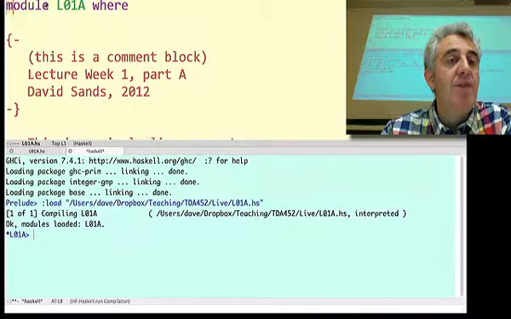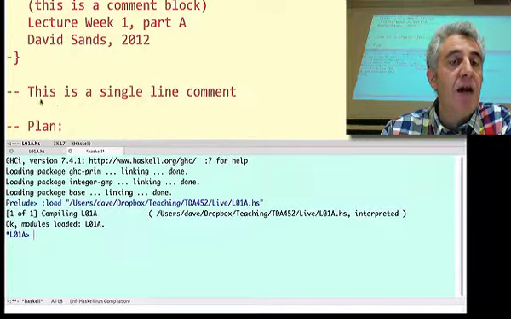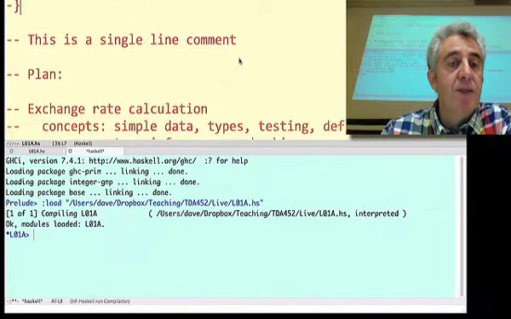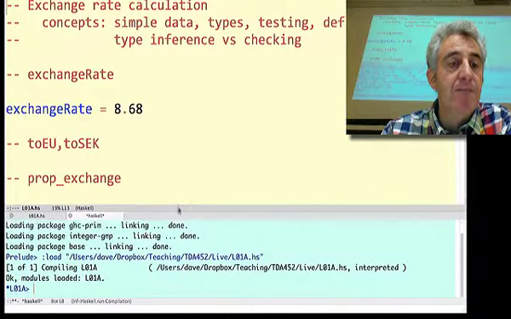That's what I can do in this file here. I've begun this with a module name. This is not necessary, but it's possible. I could have left this line out altogether. You'll notice here some comments in a block, and the other kind of comments come on a single line. Then I've written some more comments that give me my plan for today. This file contains at least one definition, and there it is.